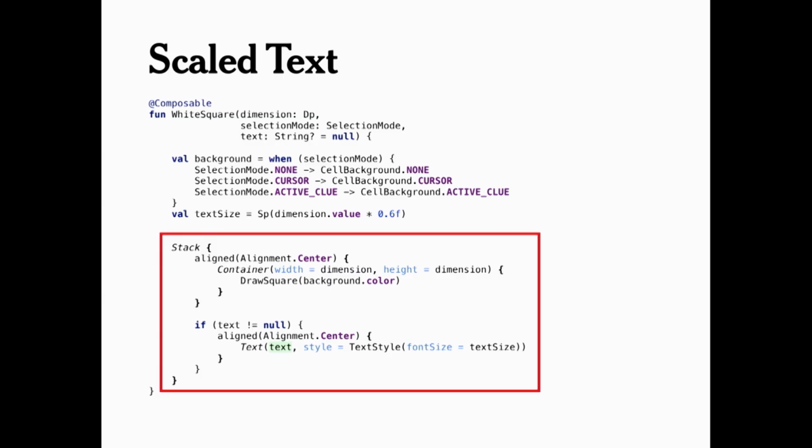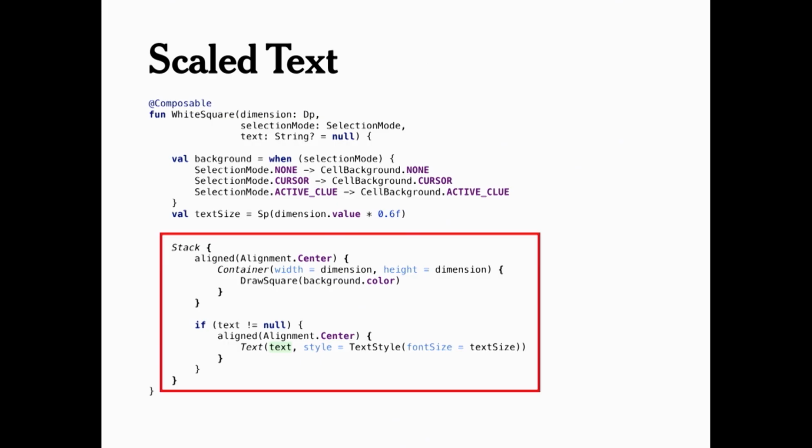It lets you paint UI elements on top of one another, and they're painted in the order that they're defined as you write them out. But then also you're able to lay them out in the stack with respect to the edges of the container. So here we're going to take our square that we've defined to be the height and width of our container, and we're going to align that right in the middle.